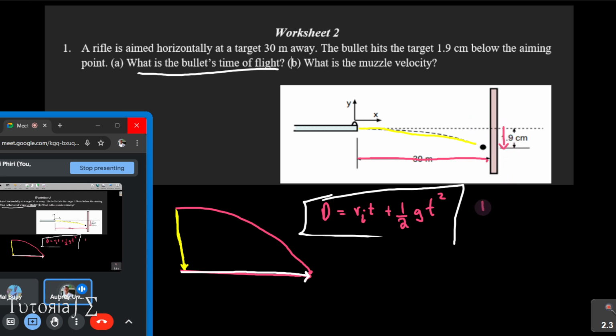For distance, we can say data there, and for displacement we use x. So our x in this case is 1.9 centimeters, which we have to convert to meters. What is 1.9 centimeters in meters?